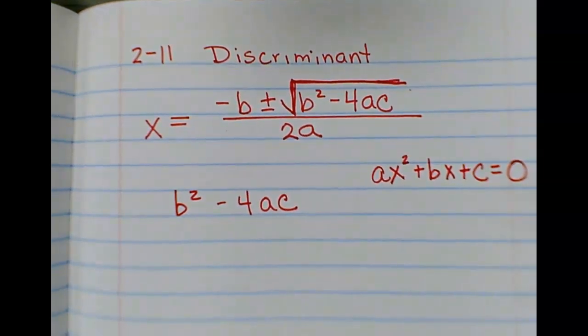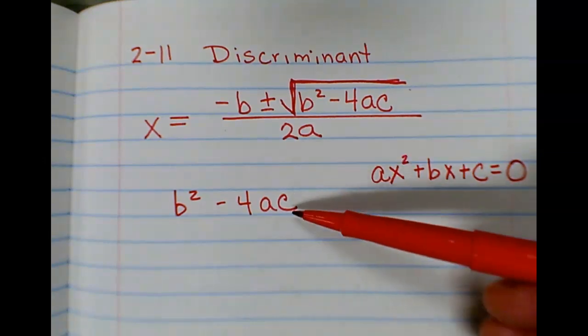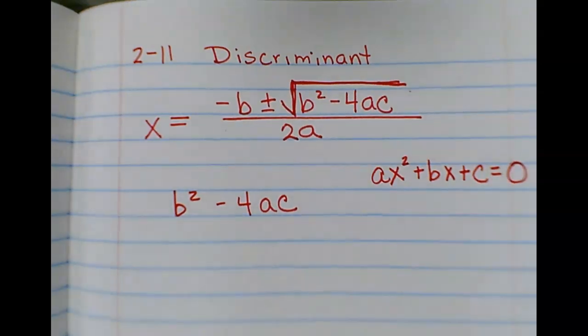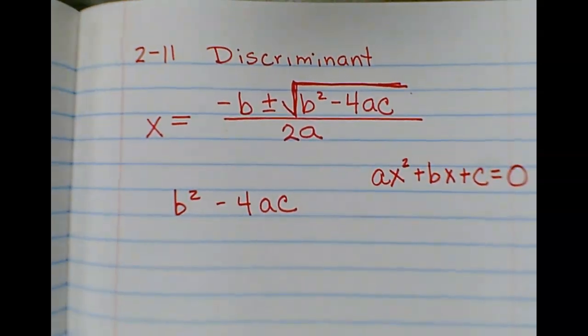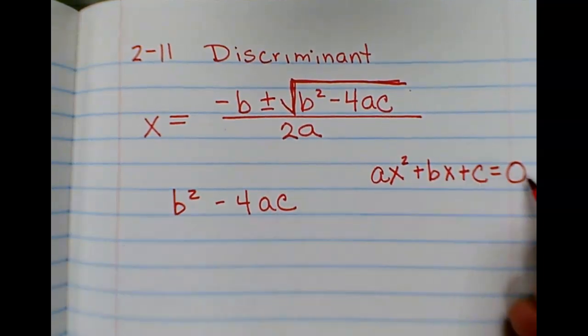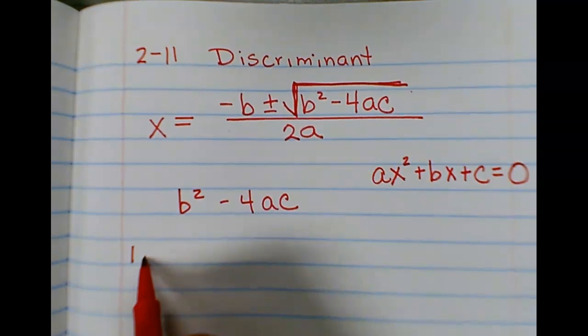Also, you have to have standard form, and your equation has to be equal to 0. Before you can find the discriminant, before you can use the quadratic formula, you have to be in standard form, and you have to be equal to 0.